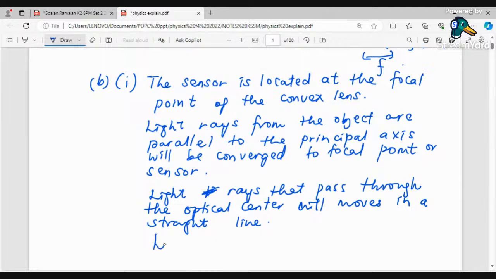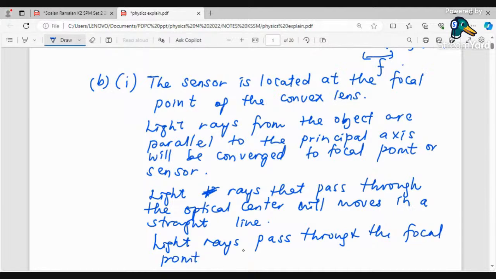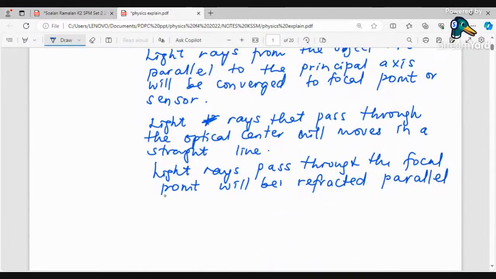Light rays that pass through the focal point will be refracted parallel to the principal axis.